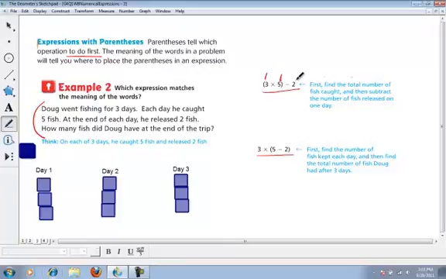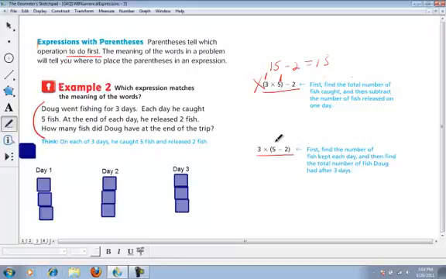Does that make sense? I'm not so sure about that, because this is going to show 15 fish, and he's only throwing 2 back. But remember, he threw 2 back every single day. So that's not going to give us the correct number of fish. So this one doesn't match our situation.